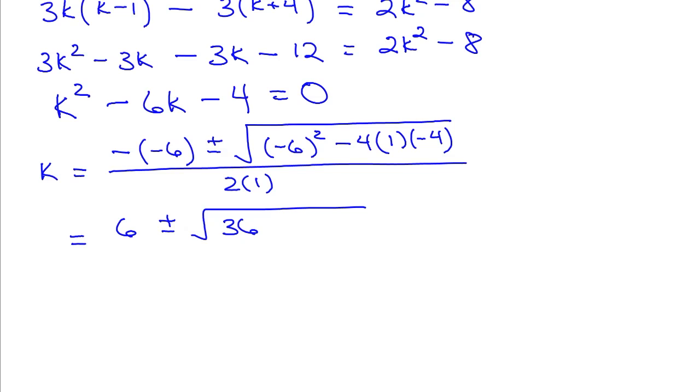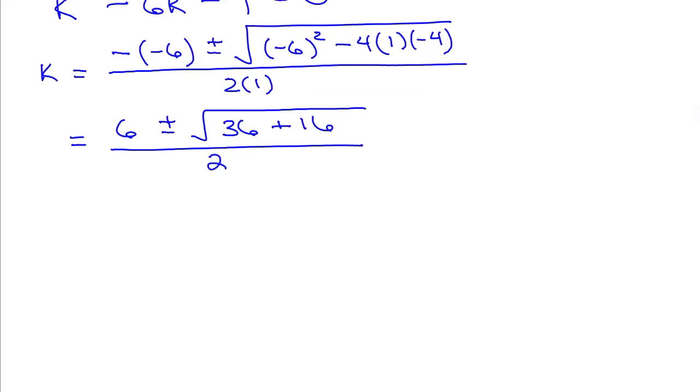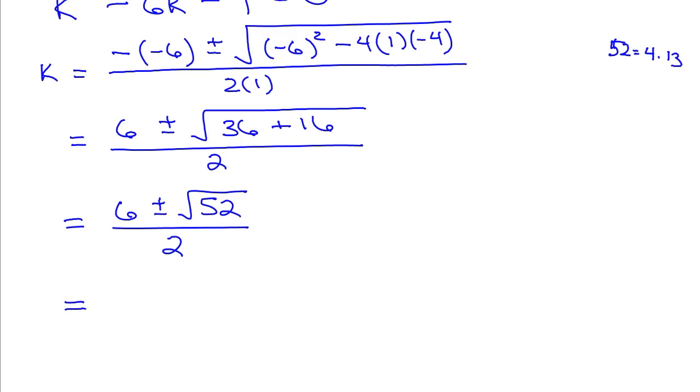Negative 4 times 1 times negative 4 is positive 16. 2 times 1 is 2. 36 and 16 combine as 52. And then 52, I'll work this out on the side for you. 52 is really 4 times 13. So this is the square root of 4 times 13 over 2.